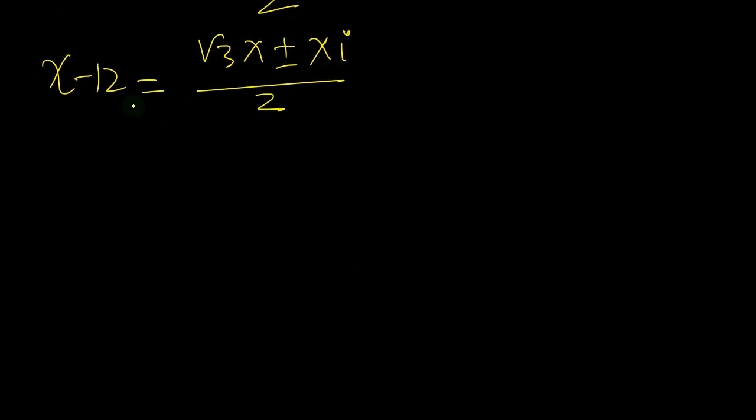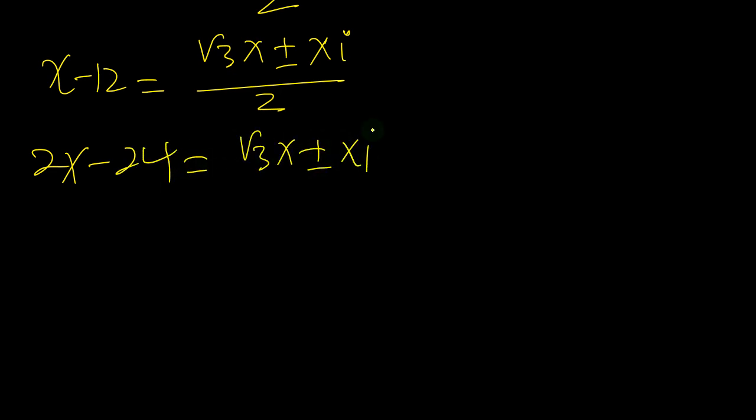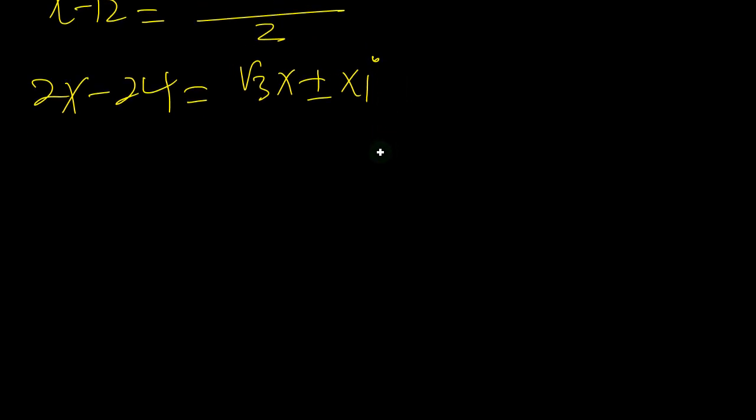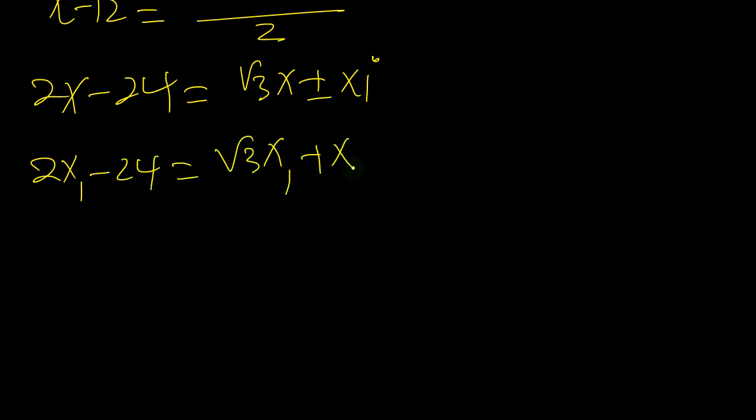And then we can simplify this, guys. Simplifying this just to save some time, this is 2x minus 24 equals square root of 3x plus or minus xi. So then from here, to simplify for x1, I'm gonna have 2x1 minus 24 is equal to square root of 3x1 plus x1i.